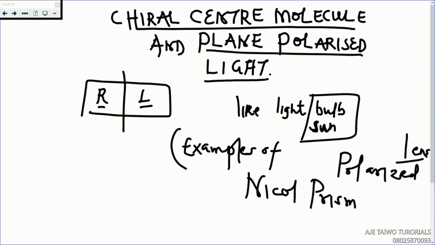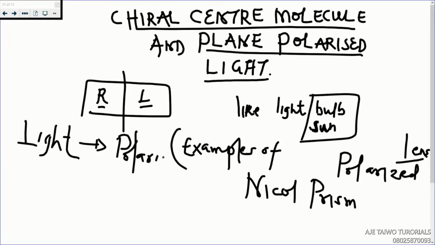You should pass the light we see every day, our bulb light, through a polarizer. You can pass the light through your nicol prism, and you can also pass it through a polarized lens.